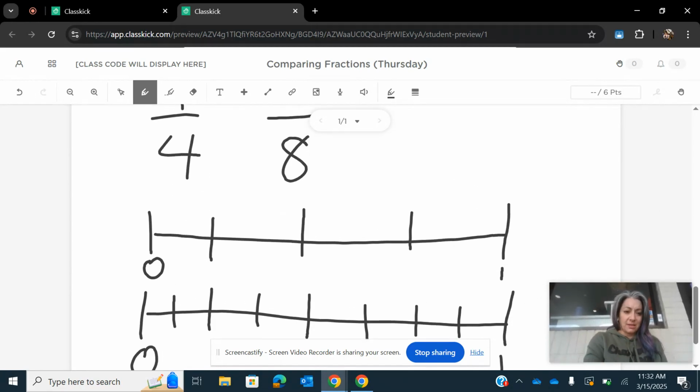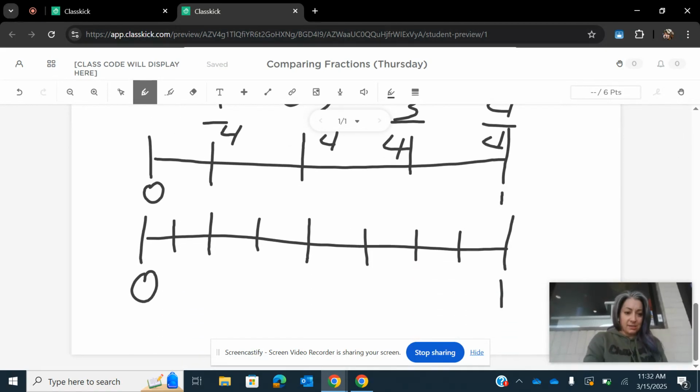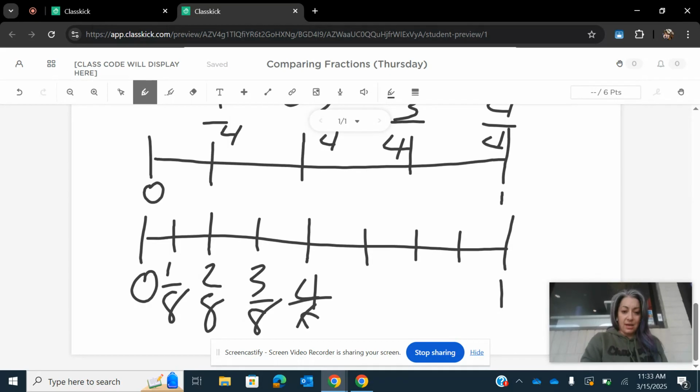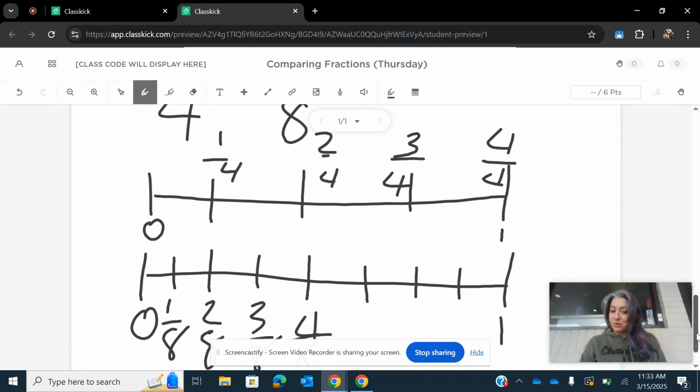All right, so if I'm looking at this, this is 1/4, this is 2/4, 3/4, and 4/4. And if I'm looking at this one, it is going to be 1/8, 2/8, 3/8, 4/8, all the way to 8/8. Look at that. Some equivalent fractions here. 1/4 and 2/8 are equivalent. Just a little fun.